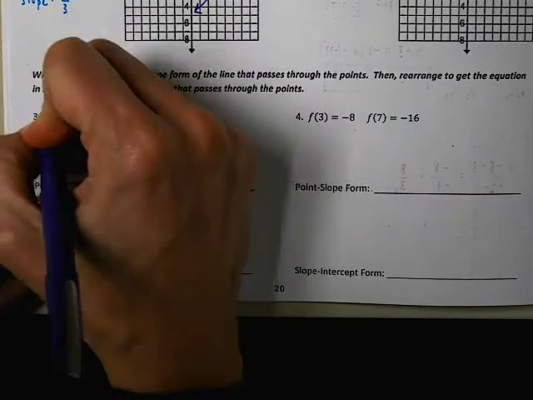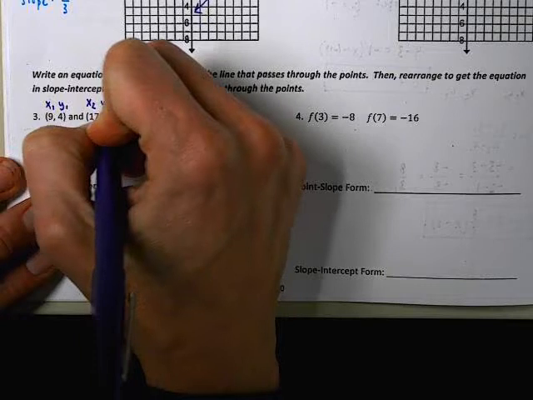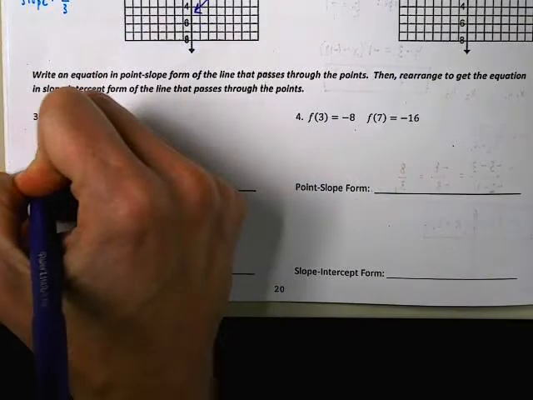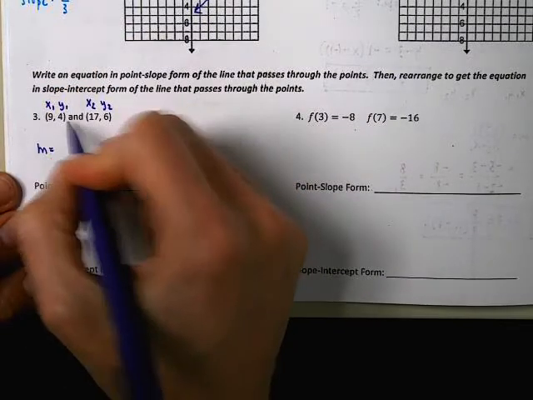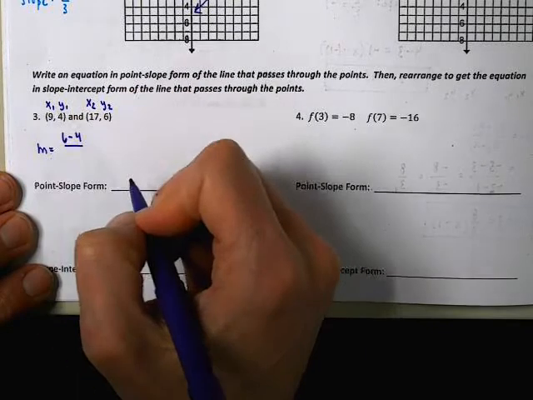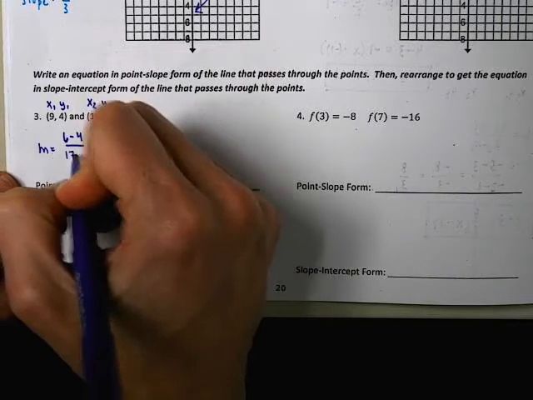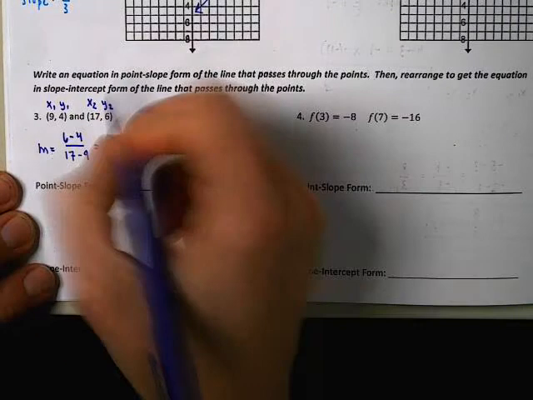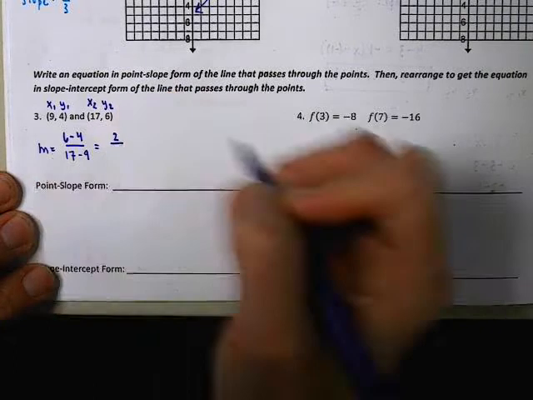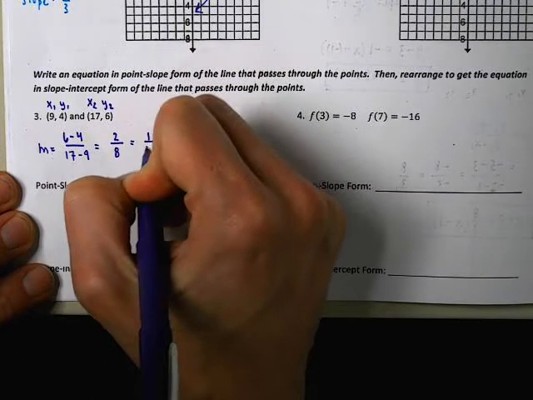So I know I'm going to need my slope formula. So I know that m is equal to y2 minus y1, so 6 minus 4, over x2 minus x1, which is 17 minus 9. So if I simplify, I get 2 over, let's see, 8, which gives me 1/4.